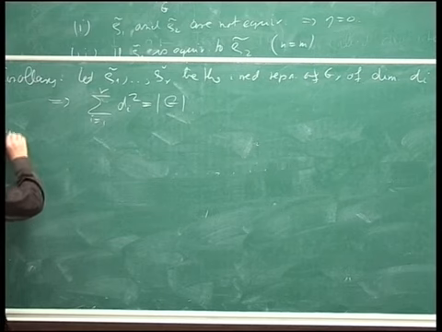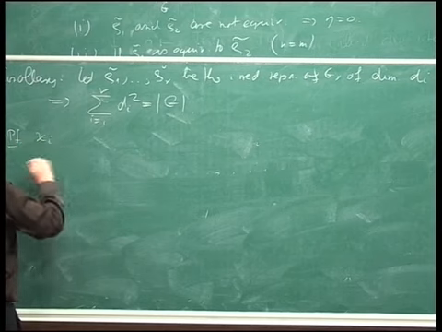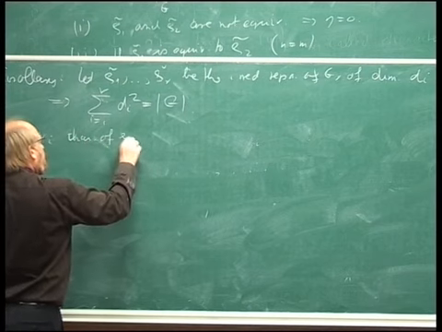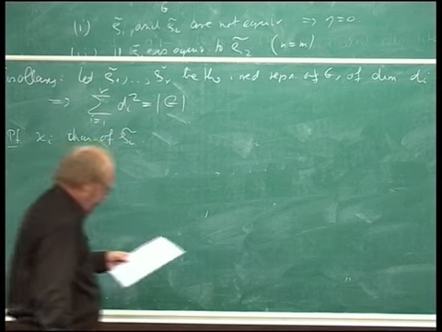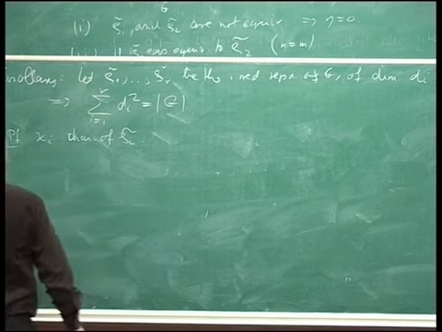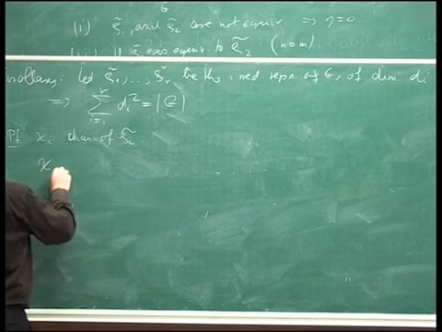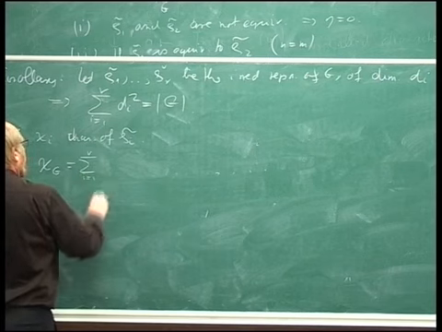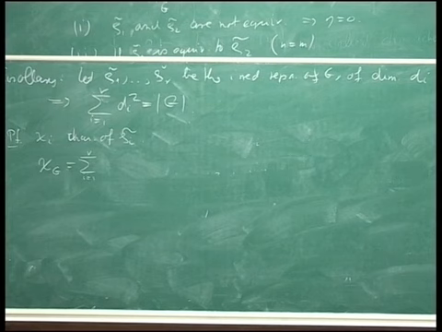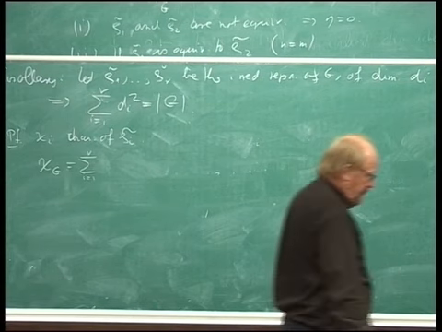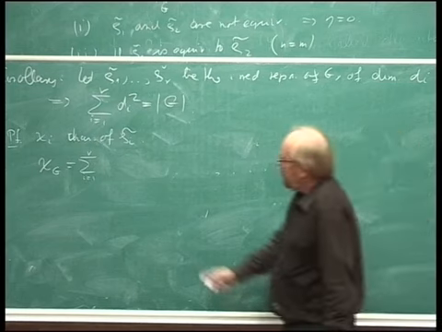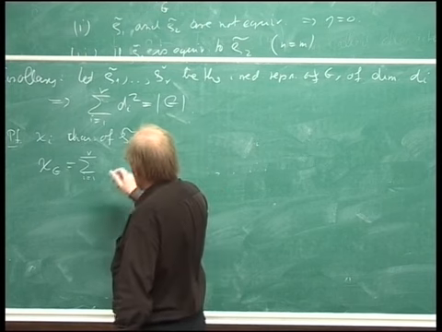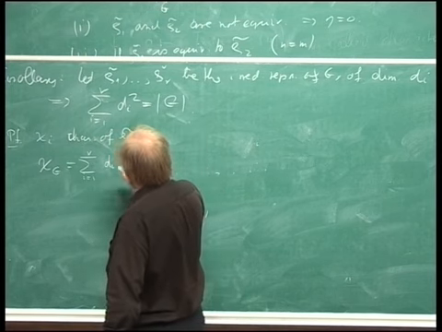So, proof. Let chi_i be the character of rho_i tilde. Then we know chi of G is the sum for i from 1 to r. This is a list of all irreducible representations. So I can write this as a sum of all these characters, and each occurs with a number of its own dimension.